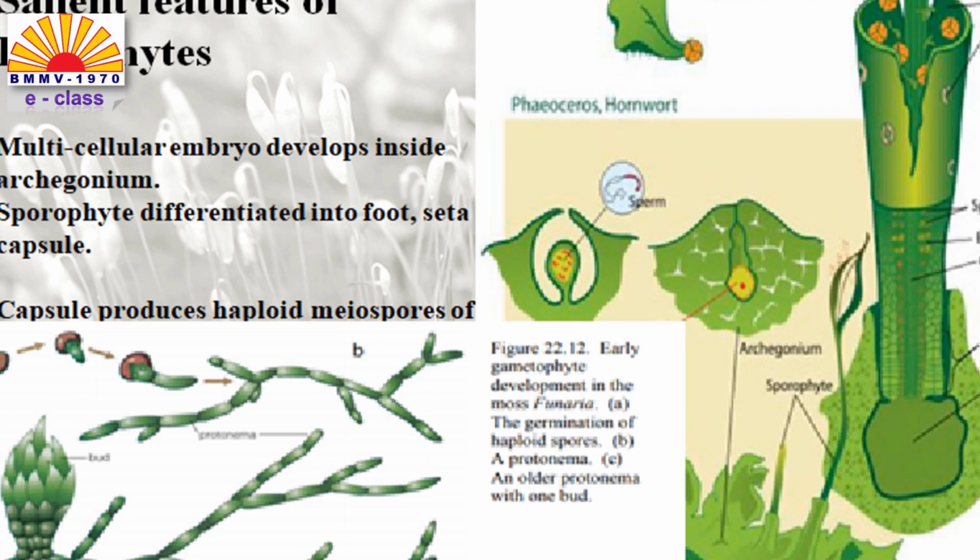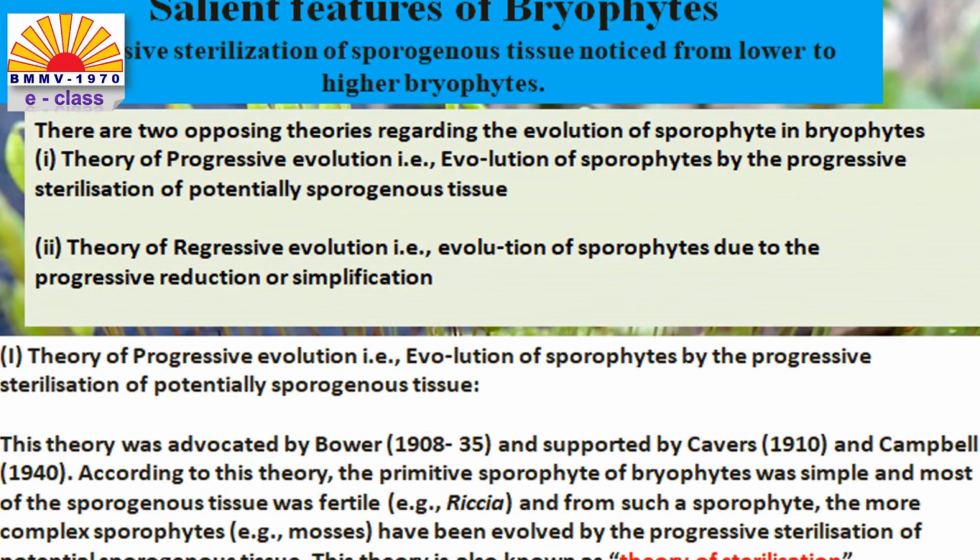In simple type of sporophyte, the entire sporophyte is converted into a sporangium. But in advanced type, only a portion of sporophyte is converted into spores.